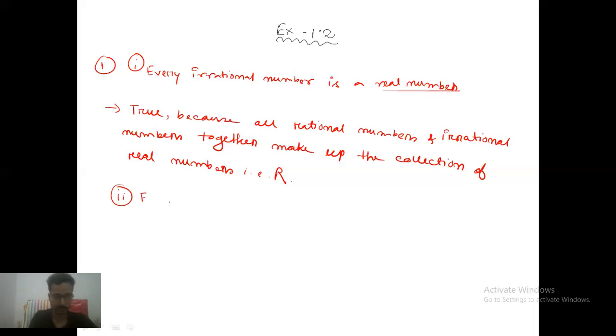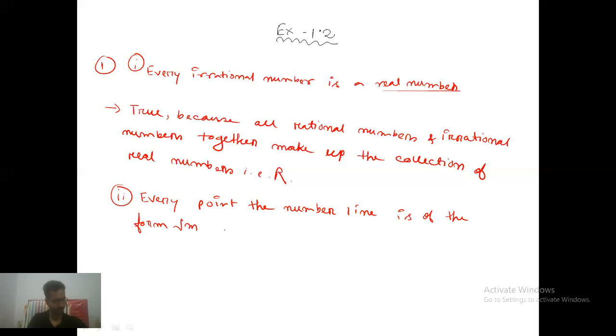The question is: every point on the number line is of the form root m, where m is a natural number.